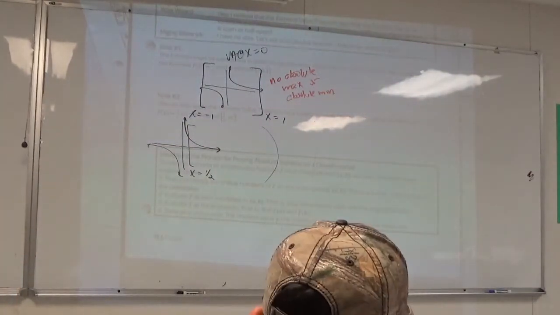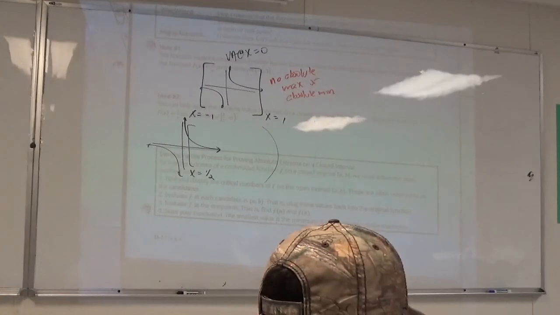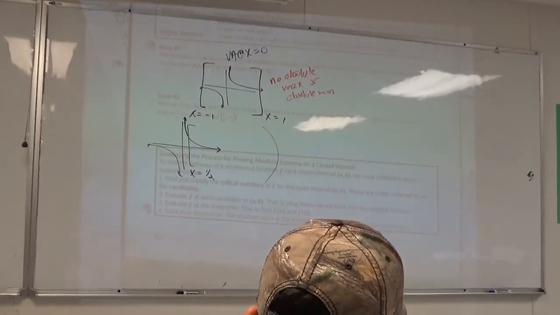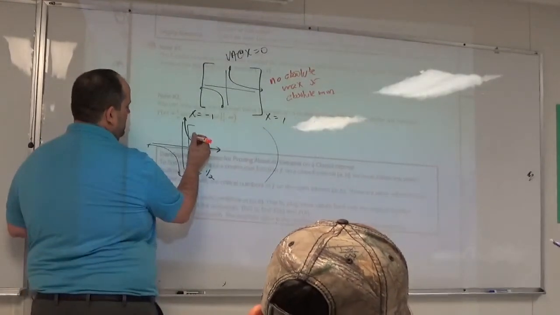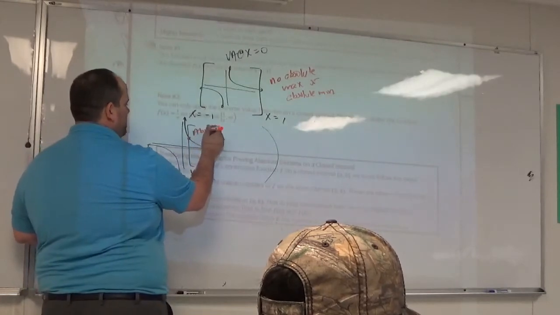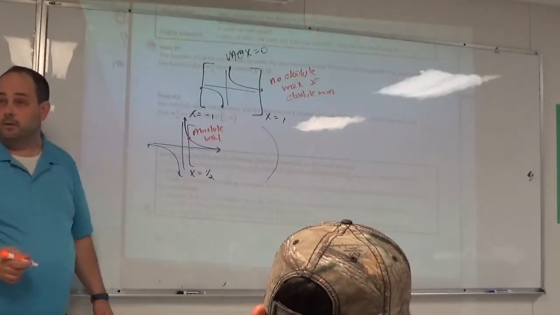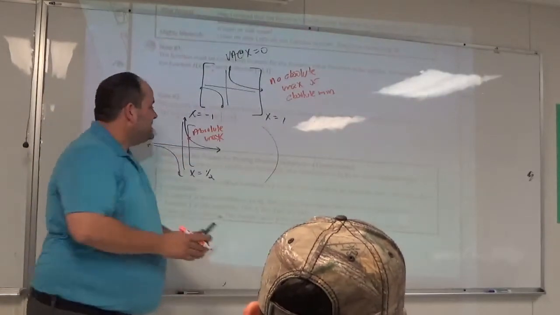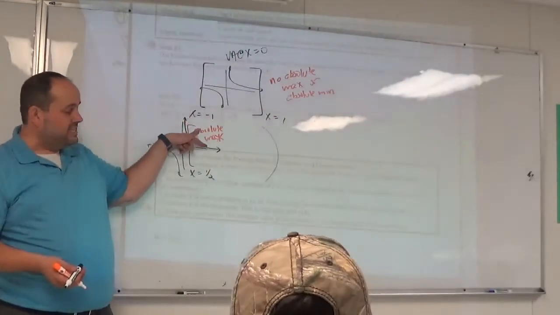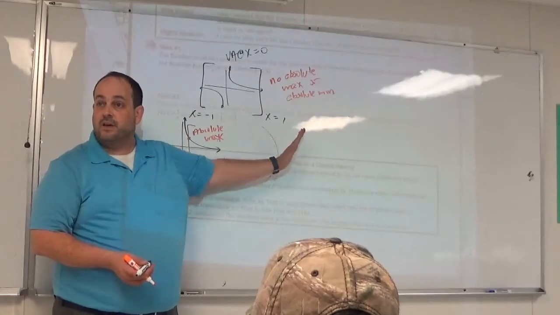Is there an absolute max? If so, where is it? Like this guy right over here, is this your absolute max? Is there an absolute min? No. Right? Is there a lowest point? No, this graph continues to decrease and decrease forever.